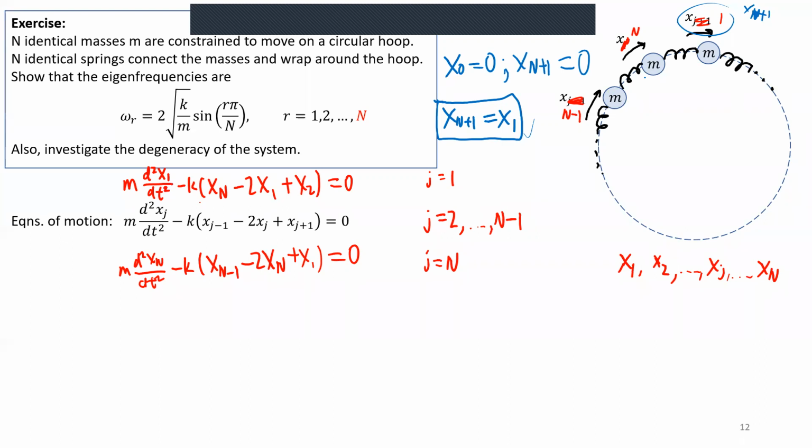So the strategy again would be that we are going to assume that the solution of the displacement takes this form, if the coupled oscillator is oscillating at a particular normal mode, omega.